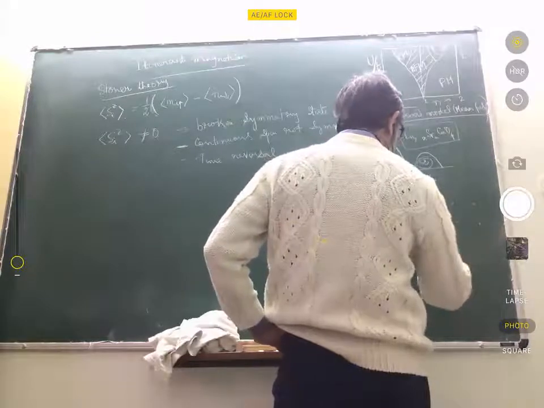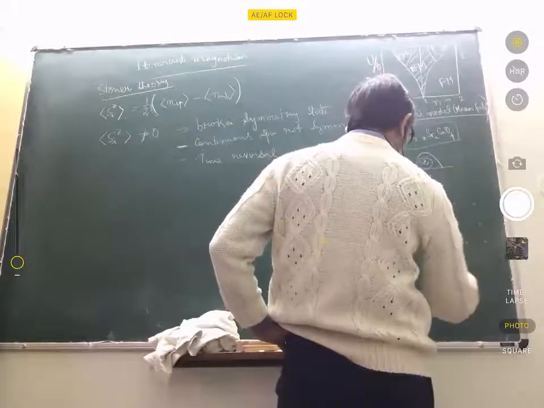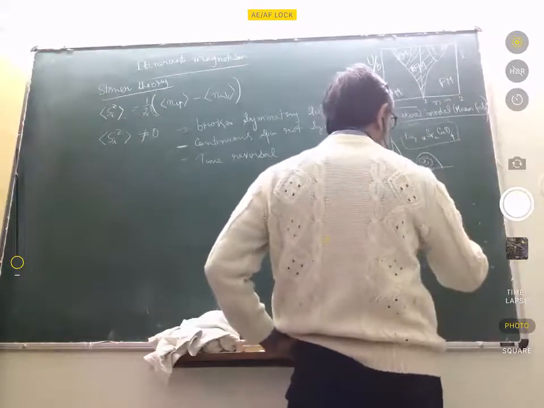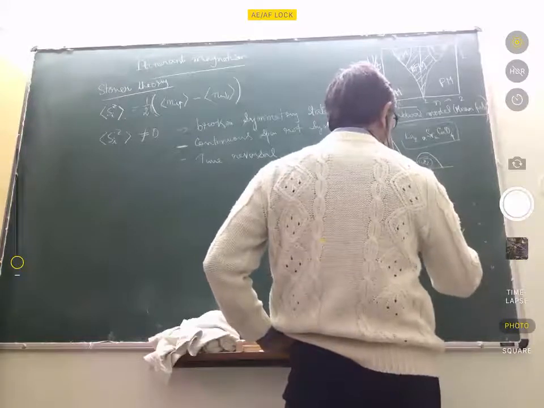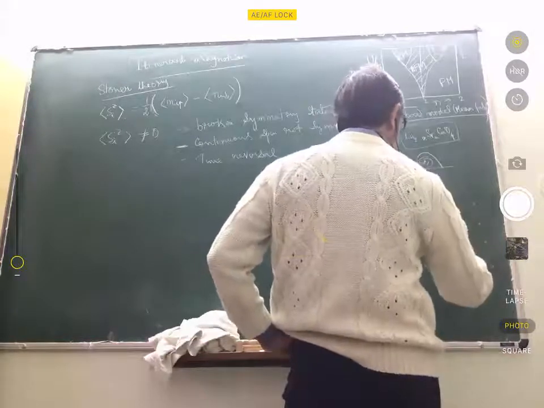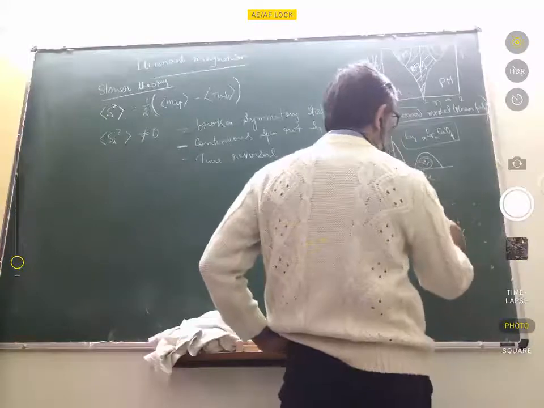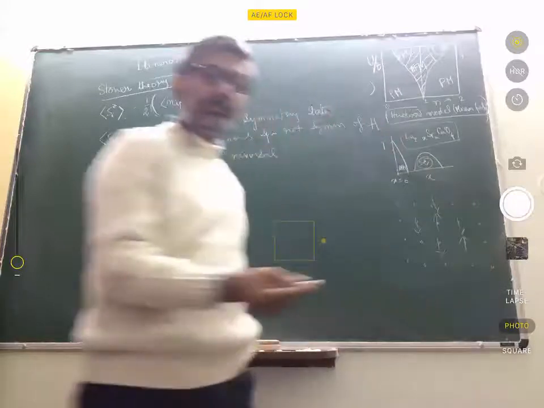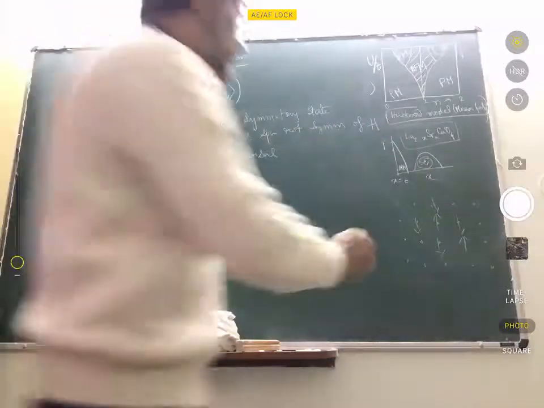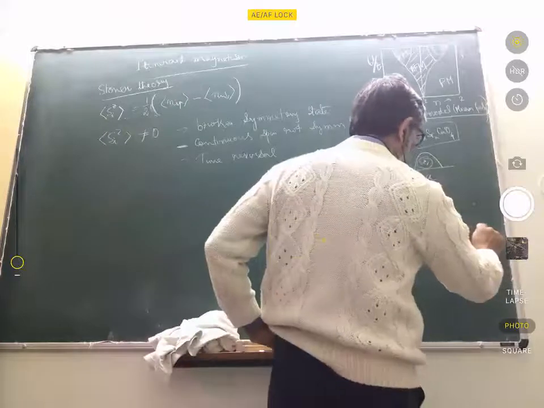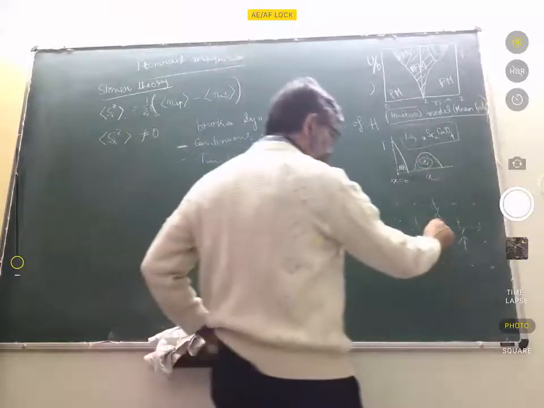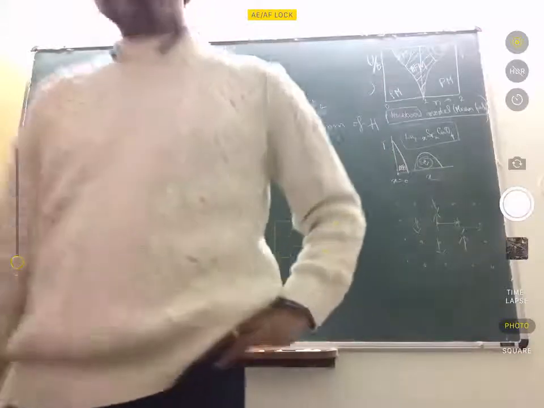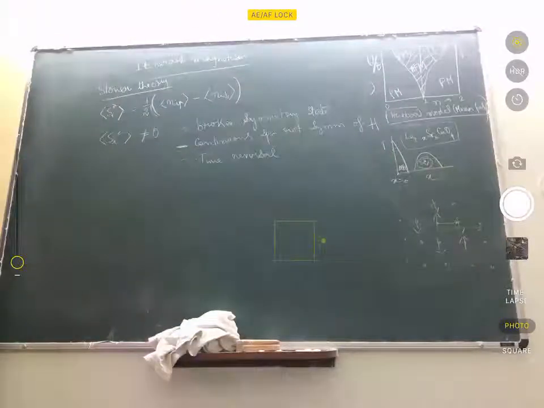But if you are on an antiferromagnet, and we are assuming a simple two-sublattice antiferromagnetic state, this is up, this is down, this is up, this is down, and so on. If I translate this point to this, I don't recover the same situation. So I have to translate by this much, whereas the lattice translation is this much. So the discrete lattice translation symmetry is broken in an antiferromagnetic state.